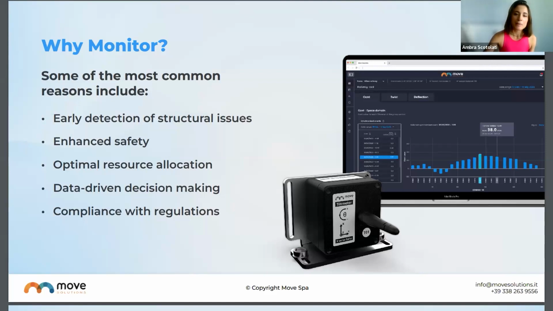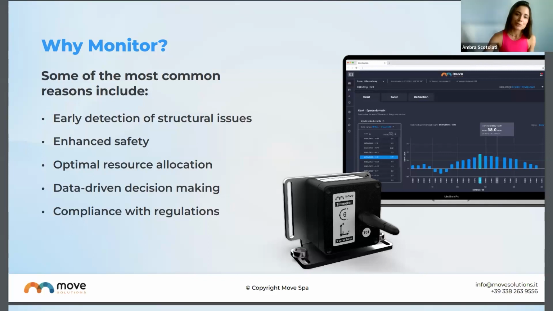Additionally, when implementing structural health monitoring, the safety of infrastructure and of the people using it can be significantly improved, obviously. And in particular, remote monitoring of key parameters helps identify structural issues in time, and it enables our clients to act promptly in case of problems.